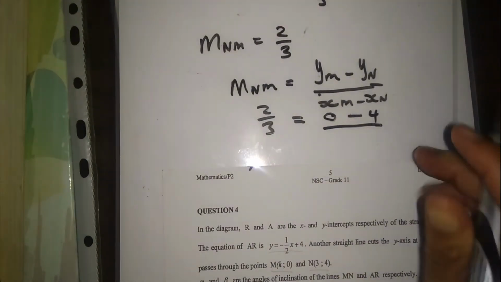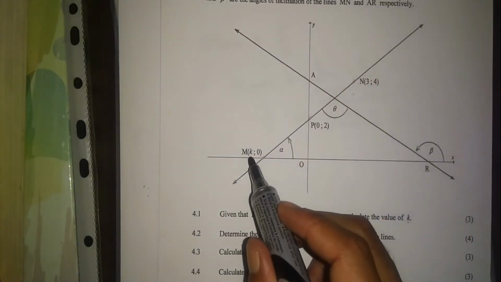yM is 0, yN is 4, divided by xM. xM is K. xN is 3. So now we have an equation. We are going to cross multiply: this denominator times the numerator, this denominator times this numerator.